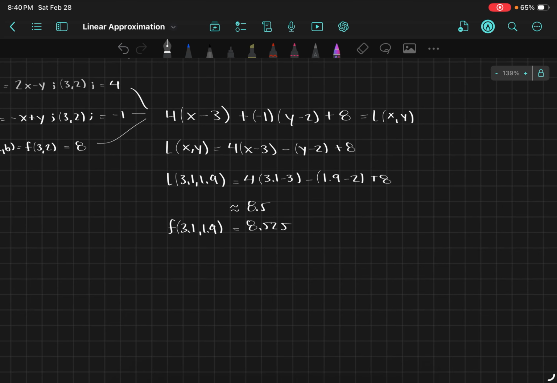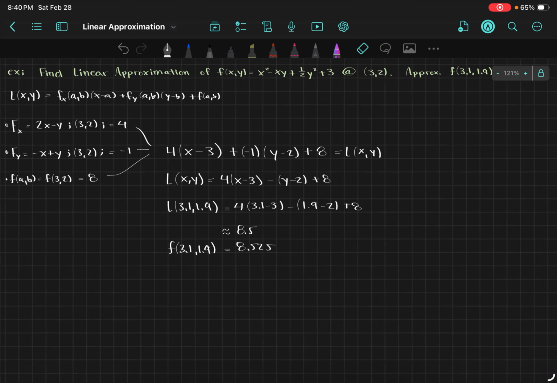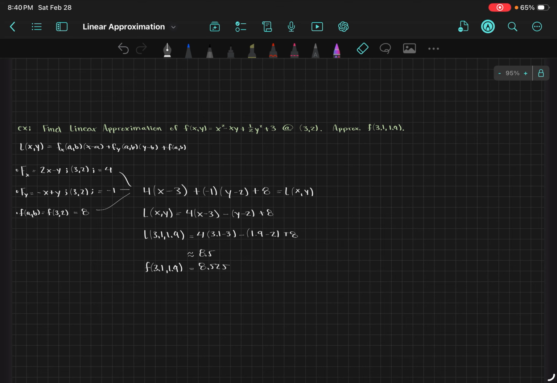As you can see, it's a pretty darn good approximation. I guess this applies more to Taylor series than anything, so maybe I'm not going to go into that. But this is a pretty darn good approximation. So what are we, 0.025 off? I mean, we're in the hundredths off from our actual.